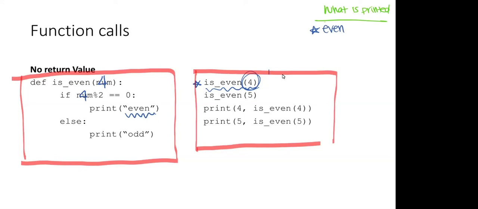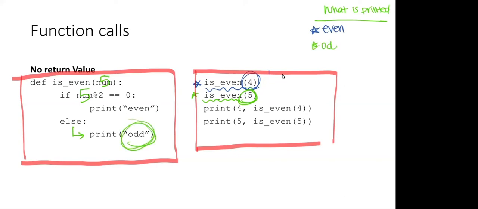We'll go on to the next function, which is even 5. So this time, 5 is being passed into the function. Here we have 5. So if 5 modulus 2 is equal to 0, so if 5 divided by 2 gives a remainder of 0, which it doesn't, that's a false statement, so we go here to print odd.